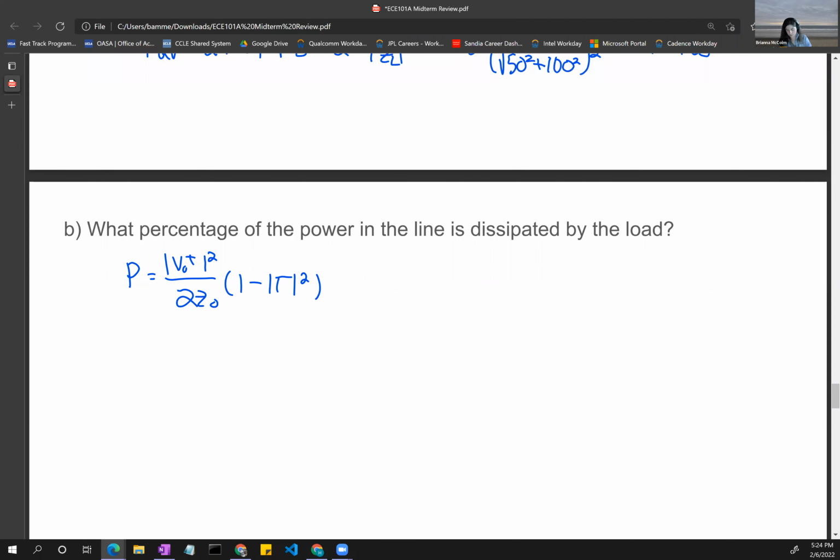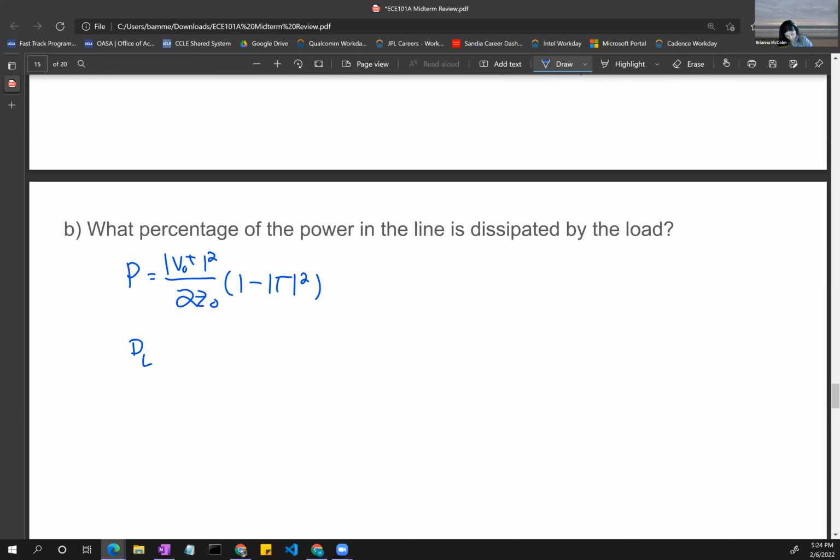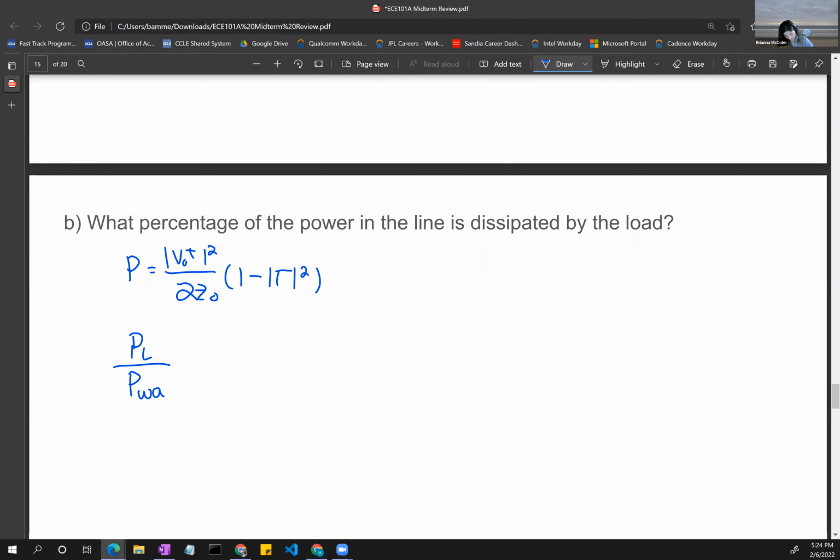Okay, and then we can see that the ratio of the power to the load over the power of the forward wave, because this is the power to the load here, divided by the power of the incident wave on the transmission line is going to look like this.